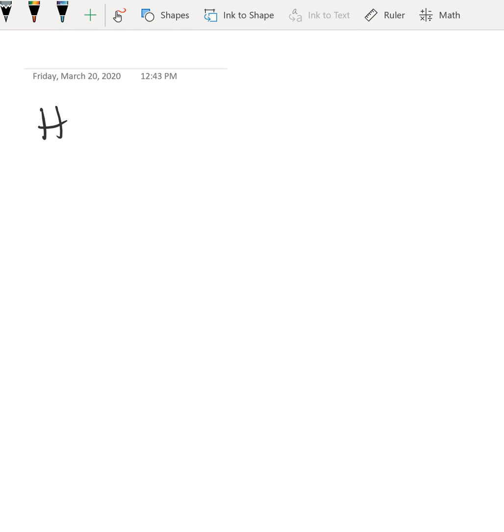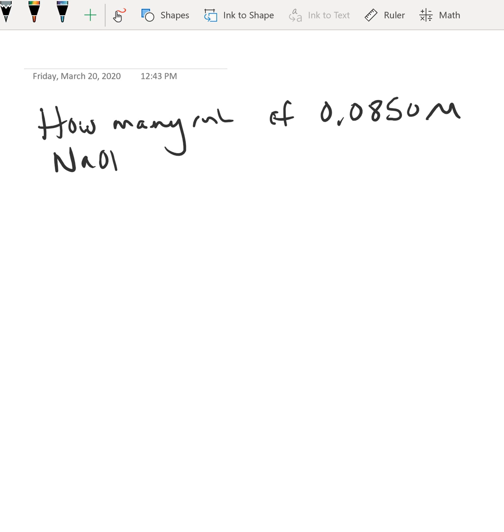So this problem just says, how many milliliters of a 0.085 molar NaOH solution are needed to titrate to the equivalence point.